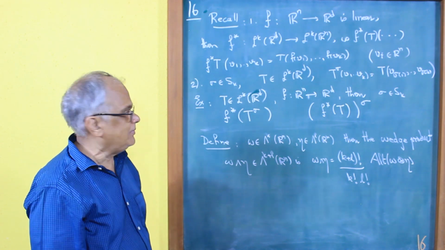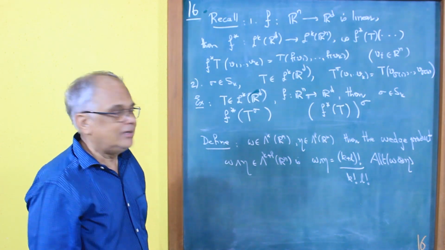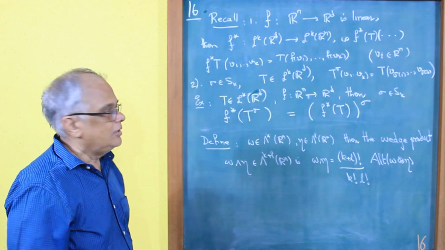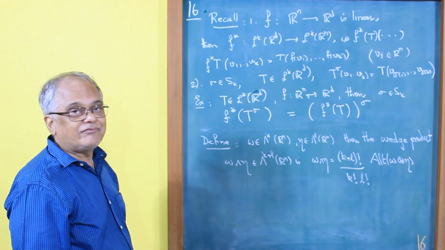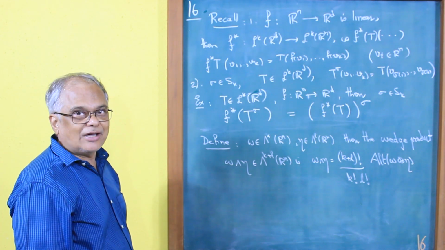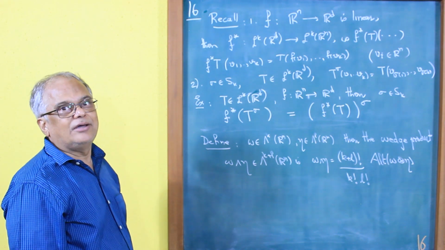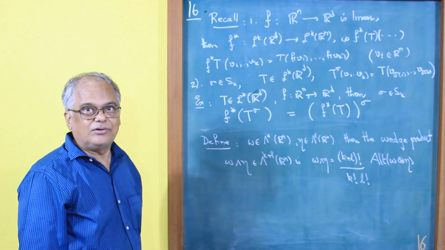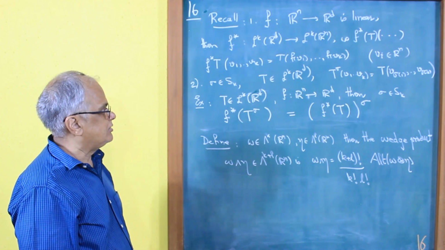And what will I mean by behaving well with respect to each other? I will mean that these two things are equal. So this is the exercise, that F upper star T upper sigma is equal to F upper star T its upper sigma. So this is a very good exercise to try and understand what this whole picture is about.